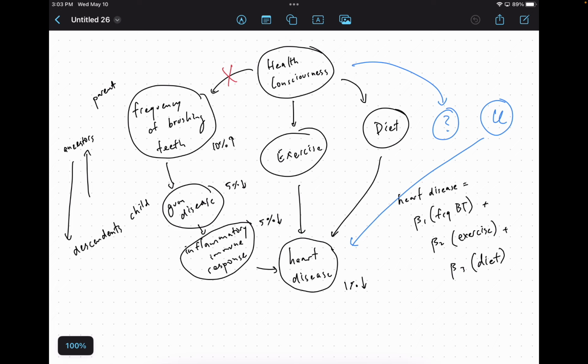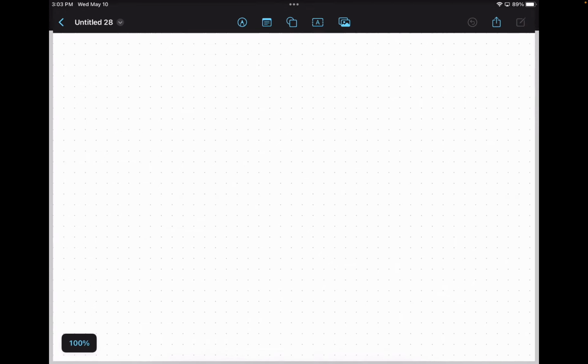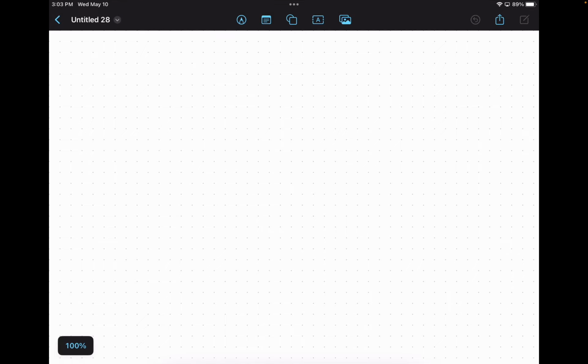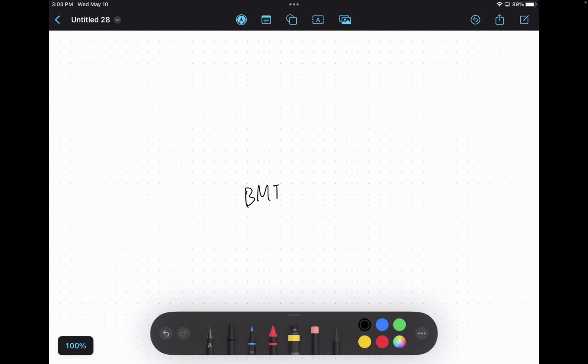So we are going to look at a different data set with this example here. I'm going to look at BMI. So this is body mass index, a very generic indicator for health. It's not really an indicator for health, but we'll go with that for now.